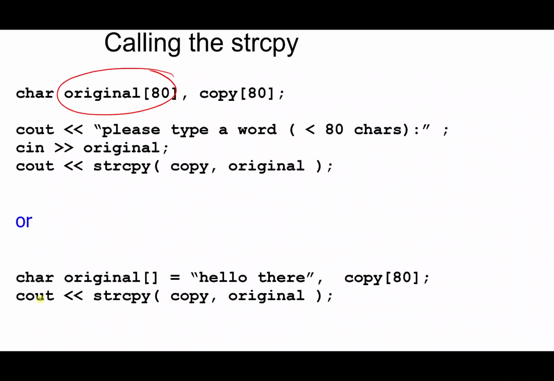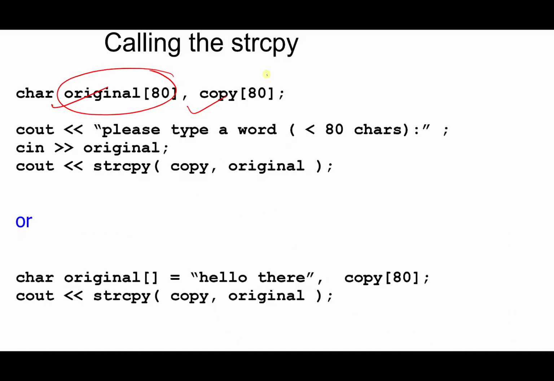Okay, the way we are going to use the function you just implemented, the strcpy, is: here is the original C string, a character array, and a copy C string, both 80 characters worth of elements or size.